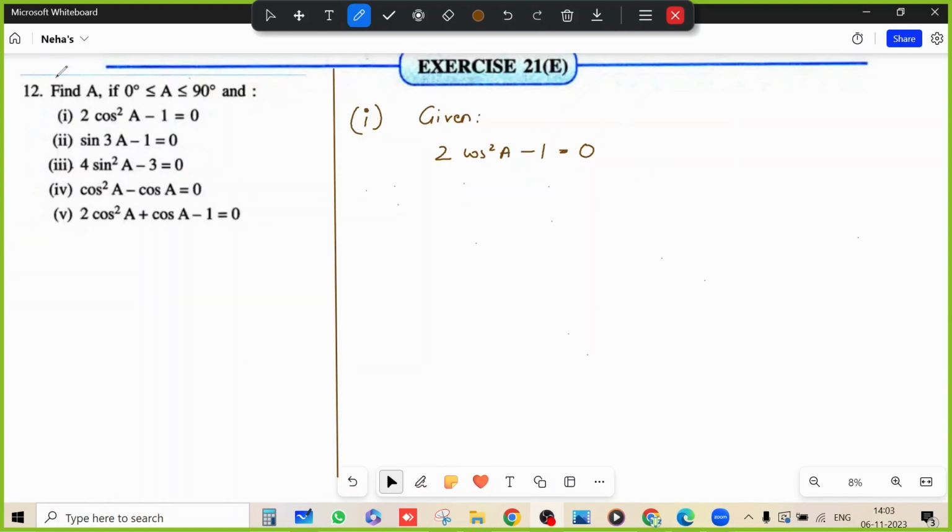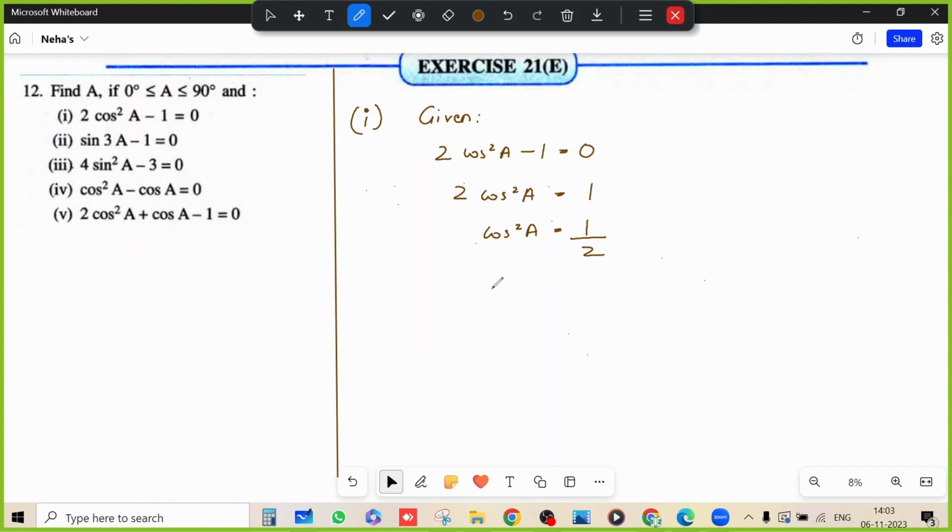The question number 12 is, find a if a lies between 0 degree and 90 degree, and the equation that is given to us is 2 cos square a minus 1 is equal to 0. So we will begin with the equation. Now we will rearrange it as 2 cos square a will be equal to 1, and cos square a can be written as 1 by 2.